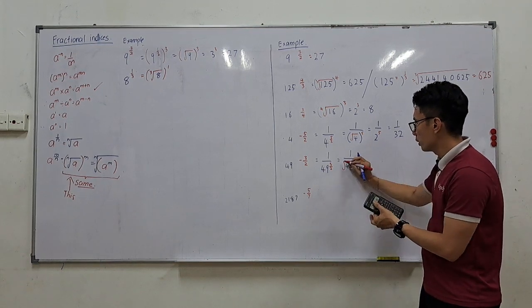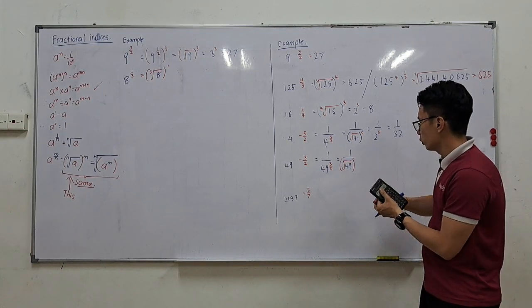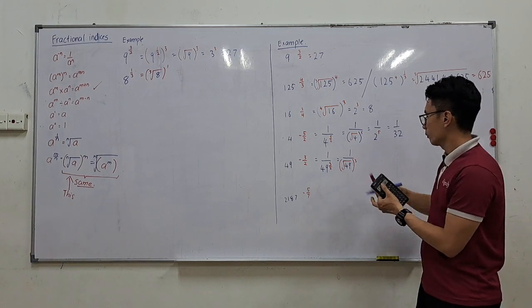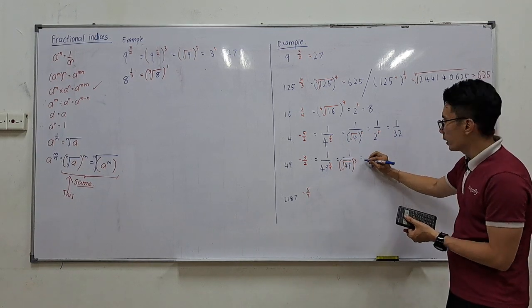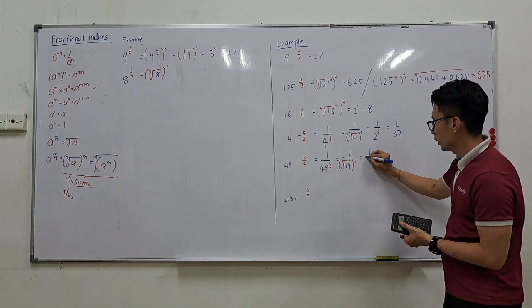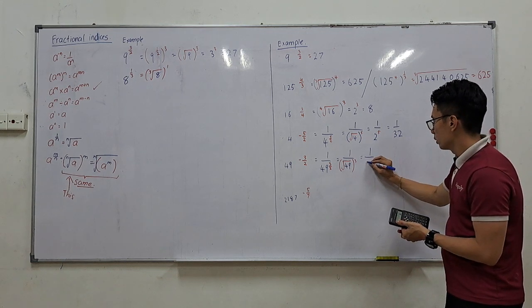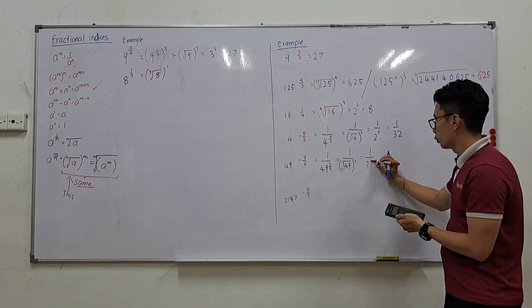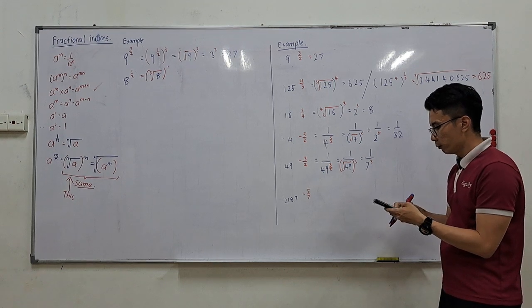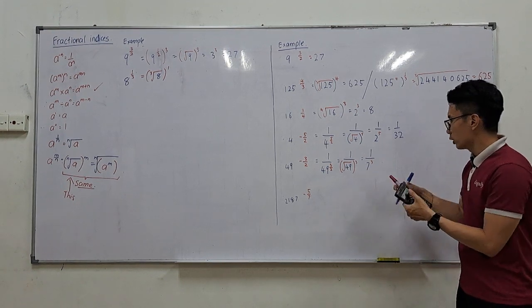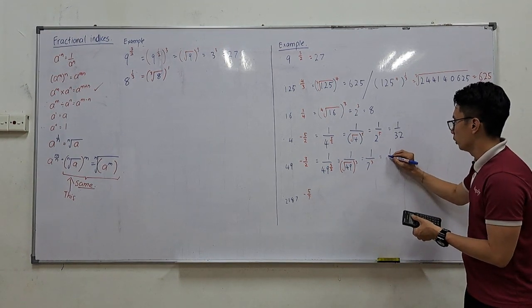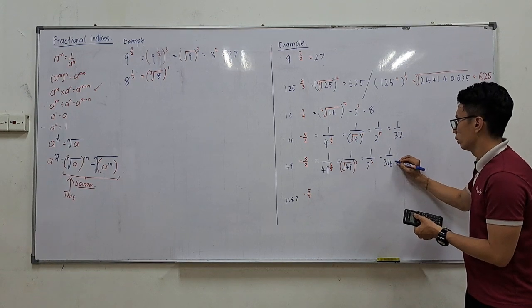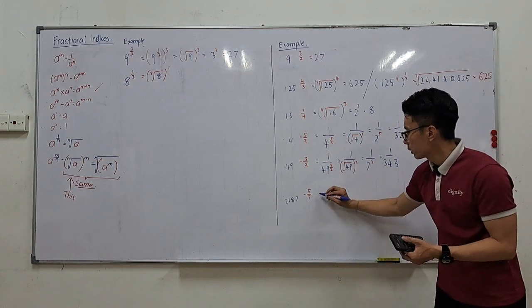And this whole thing over here, I will raise to the power of 3. So what do I get in the end? I'm going to get 1 over 7 to the power of 3. So 7 to the power of 3, that will give me 1 over 343. Last example.